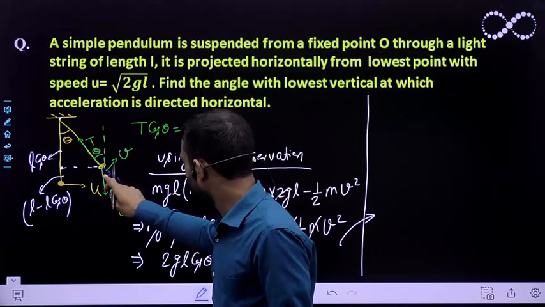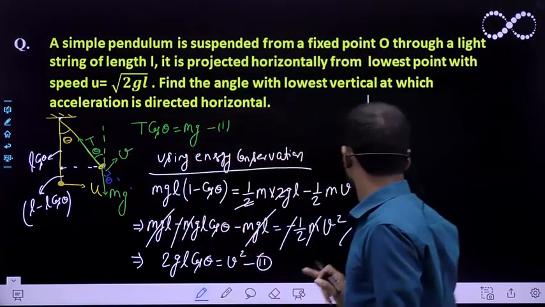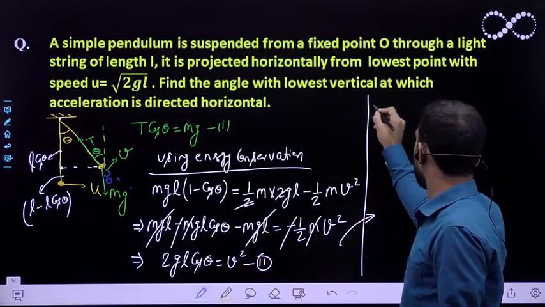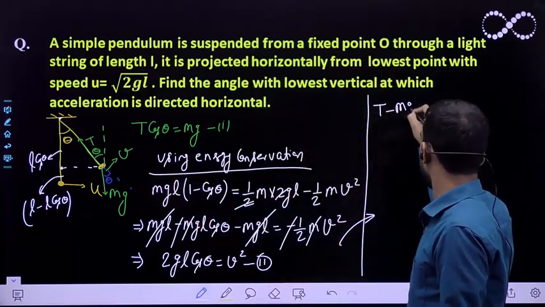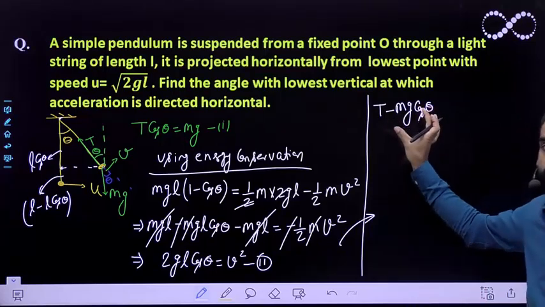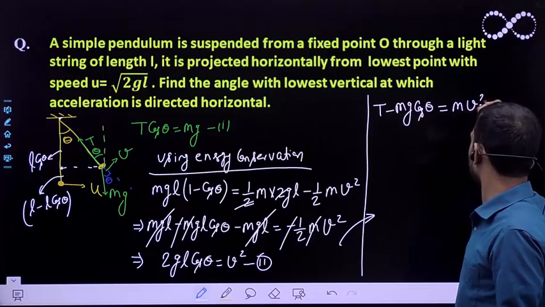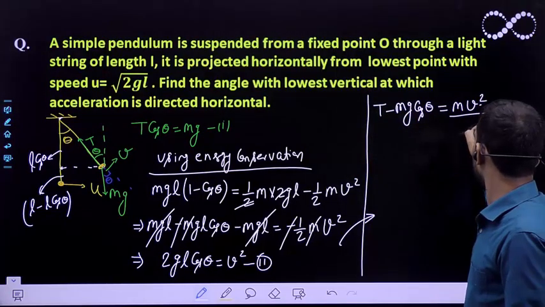The component of mg in this direction is mg cos theta. Using the circular motion concept, T minus mg cos theta provides the necessary centripetal force. So that must be equal to m v square upon the radius R. L is given, so the radius is L.